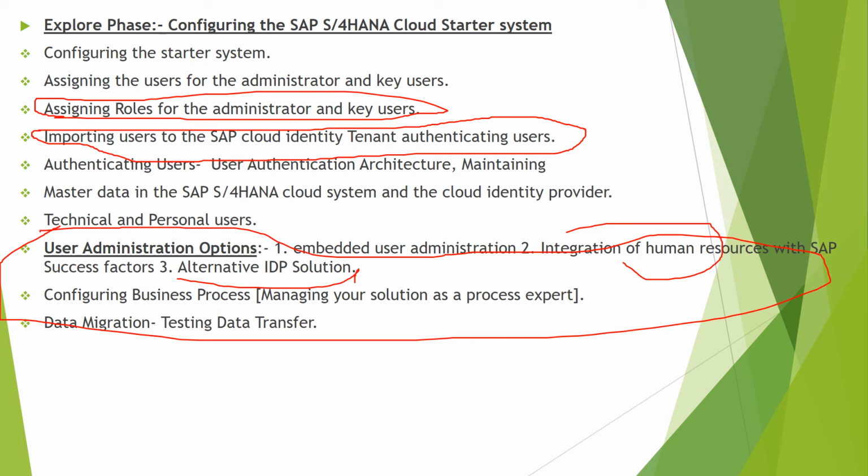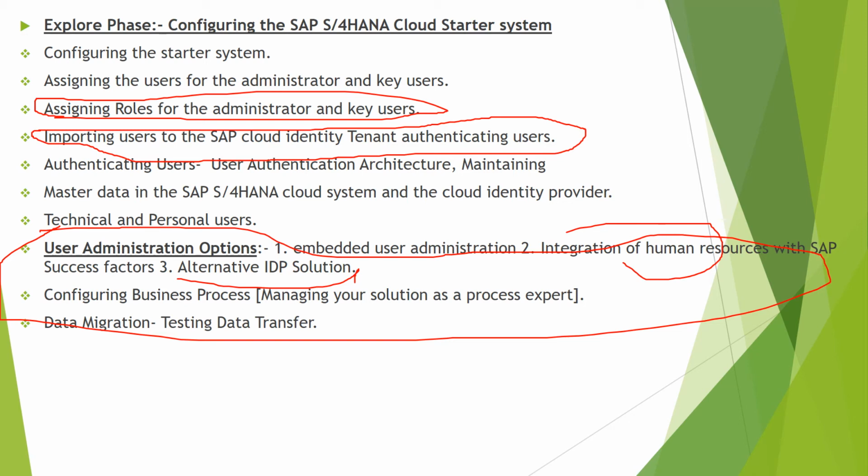Okay, and then we have data migration. You should test the basic data migration aspect in the starter system. As a result, you will get insight into your data import process, data quality, and the interaction between data and configuration, right? For SAP S/4HANA Cloud, data is imported via the SAP S/4HANA Migration Cockpit.